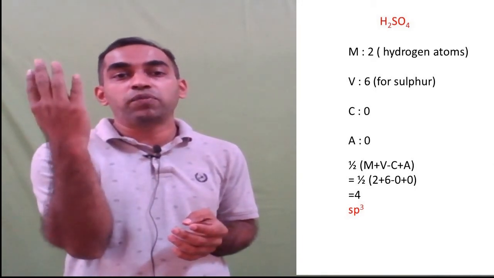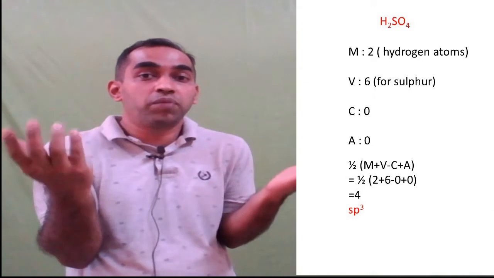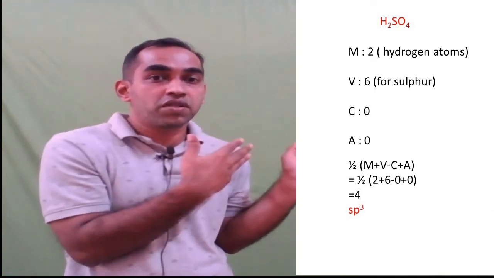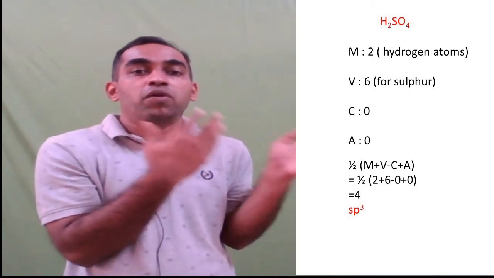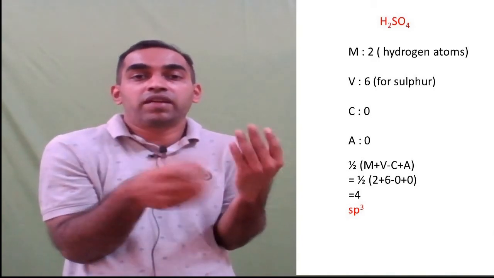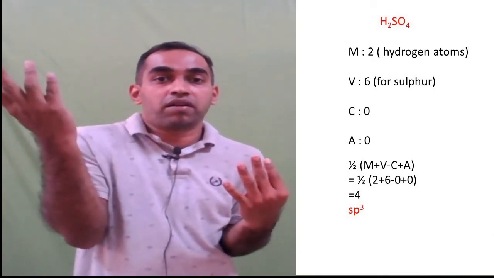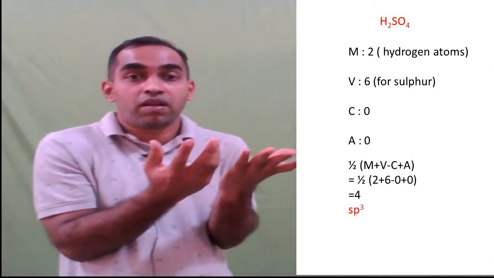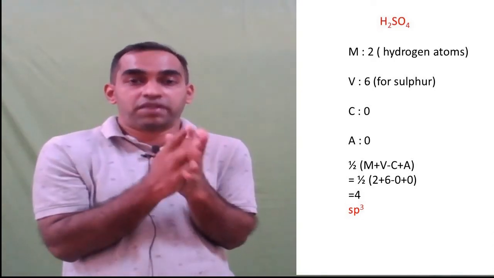Now 4 can be sp³, of course it can be dsp², but here that question does not come. There are chances it can be dsp² in case of a central metal, if the central metal atom is a d orbital element.